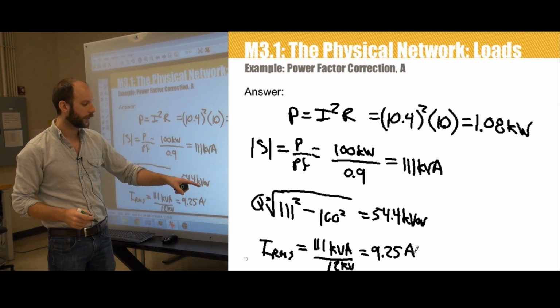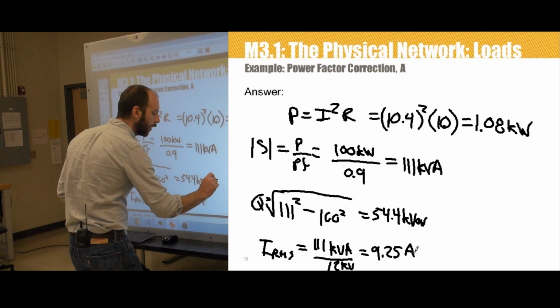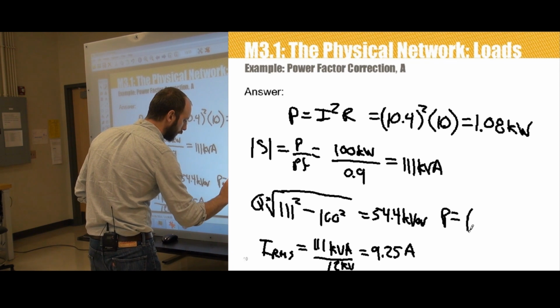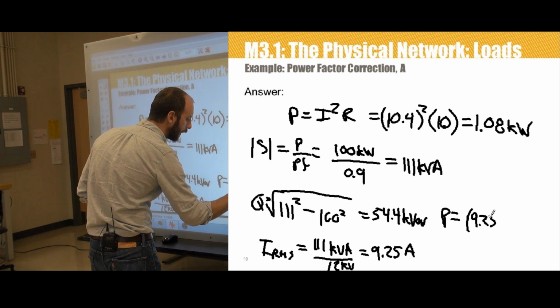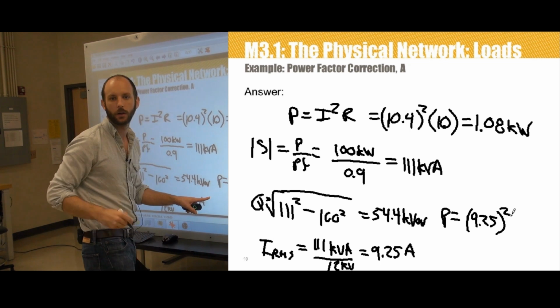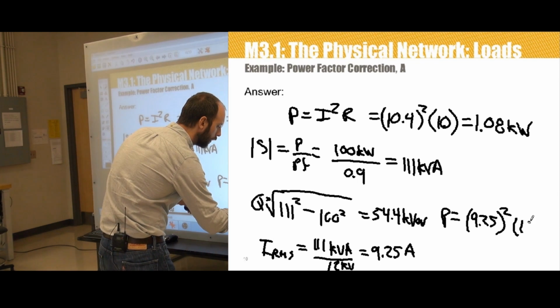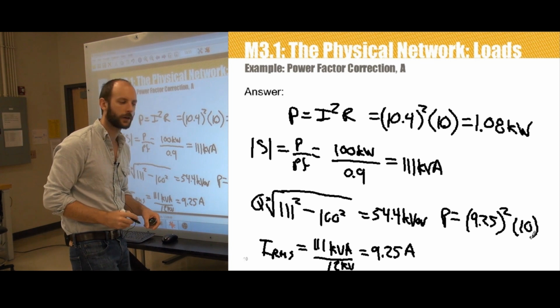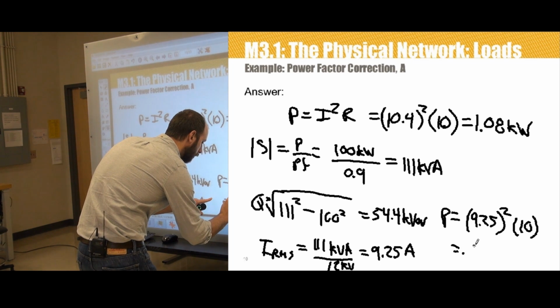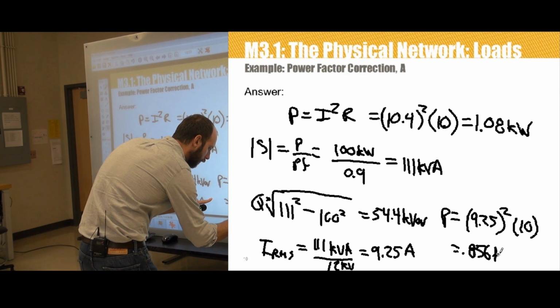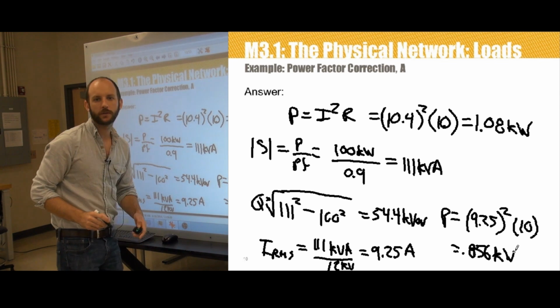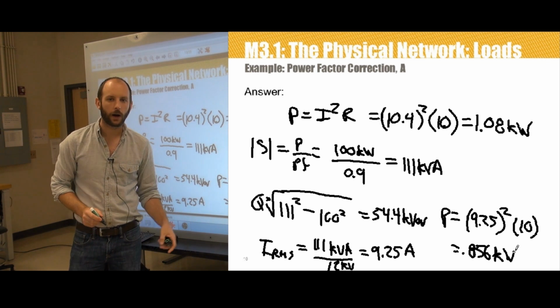We take 9.25, we square it, we multiply by 10. Joule heating power equals 9.25 squared times 10, right? And that's going to give us 0.856 kilowatts. So previously we had 1.08 kilowatts.